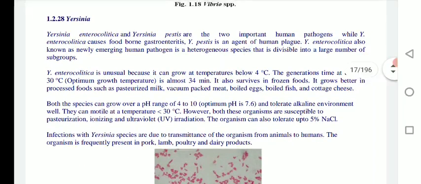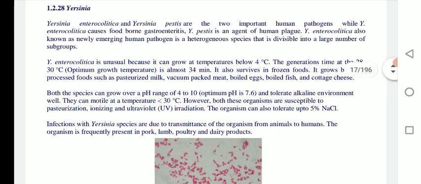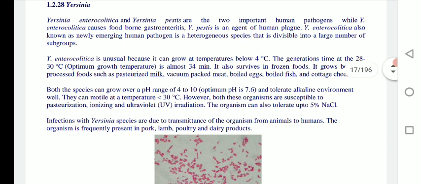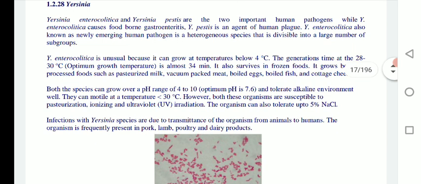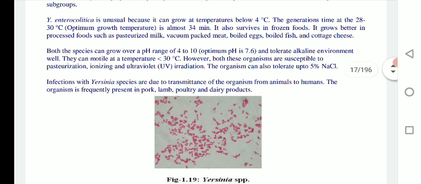Both of these bacteria belong to genus Yersinia, and Yersinia enterocolitica is also known as a newly emerging human pathogen. It is a heterogeneous species that is divisible into a large number of subgroups. Yersinia enterocolitica is unusual because it can grow at temperatures below 4 degrees Celsius.